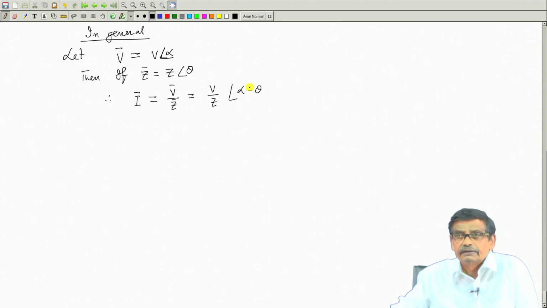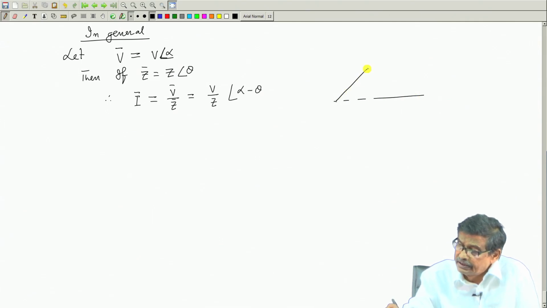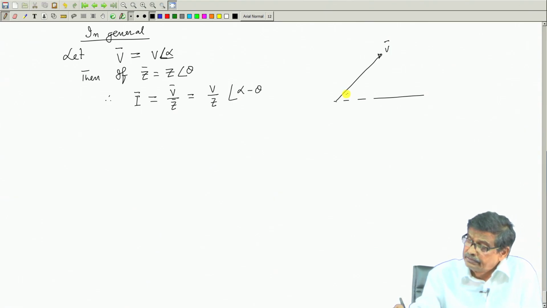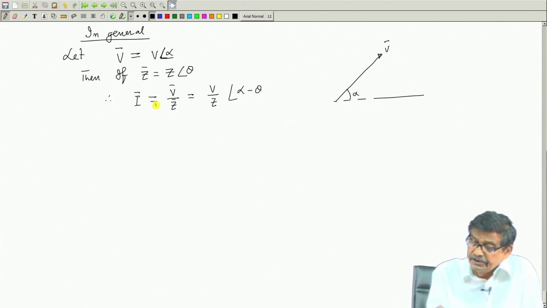If your reference is here, your voltage phasor was here already, at angle alpha.